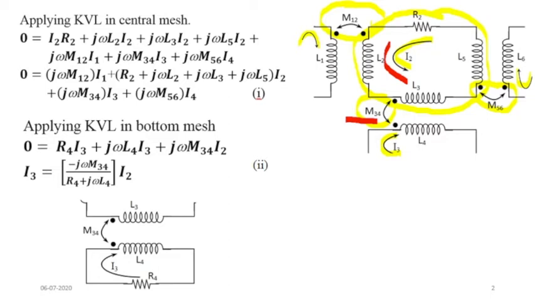And last, determining the status of M56, where current I2 is entering the dotted end and current I4 is also entering the dotted end, and therefore M56 is positive. So fortunately all the mutual inductances between the coupled circuit are positive. So we first of all go on writing the equation for central mesh.